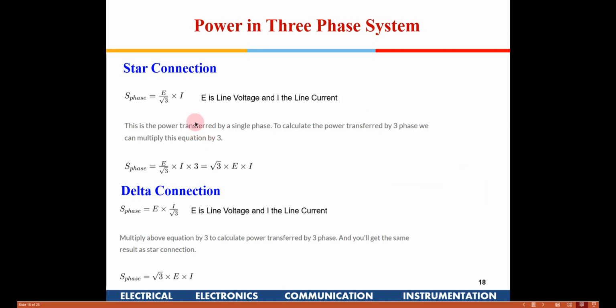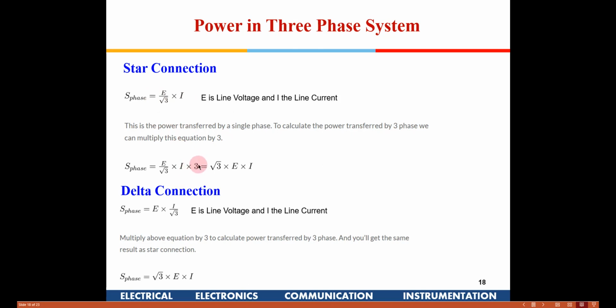So that has been done here. Also, if you have to find the power in a three-phase system, E is the line voltage and I is the line current. For a star source, if you have to find the current in each of the phases, first we need to convert the line voltage into phase voltage, so E divided by √3, into I, and then multiply by 3, because it's a star connection with 3 arms, so we have to find the power in each of these arms.